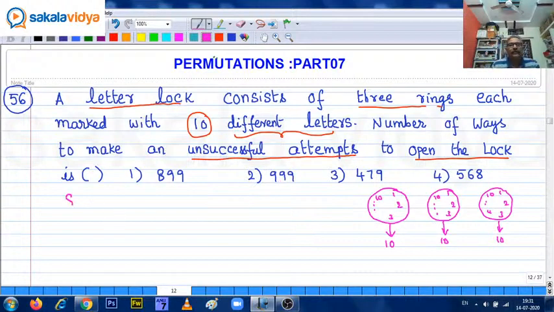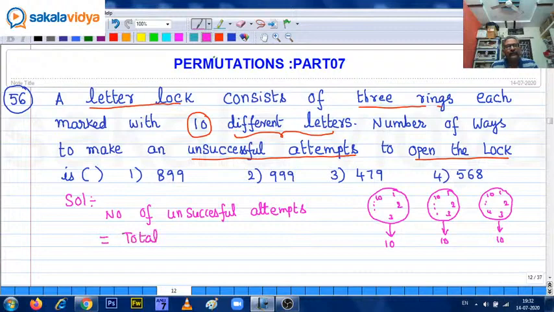So the number of unsuccessful attempts to be made equals the total number of attempts minus 1 successful attempt.